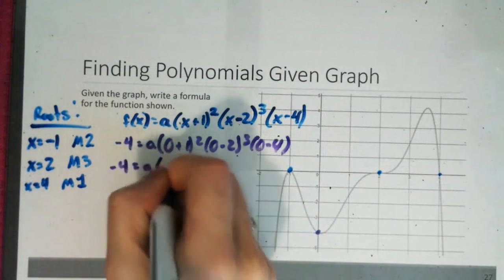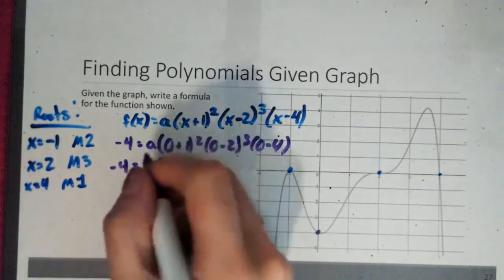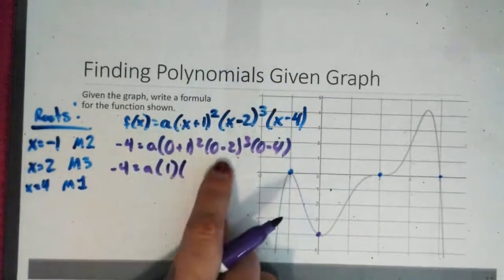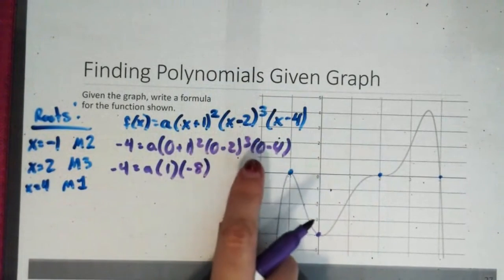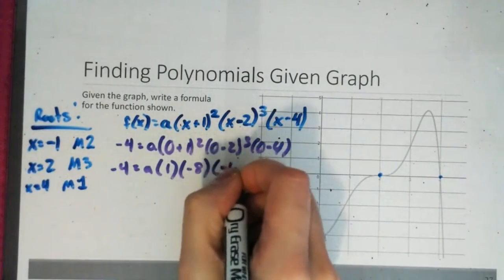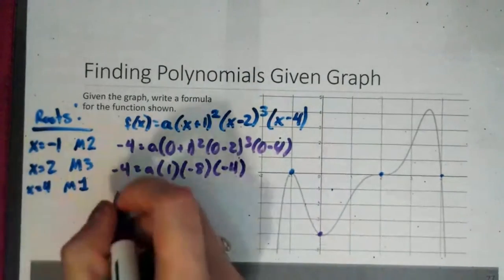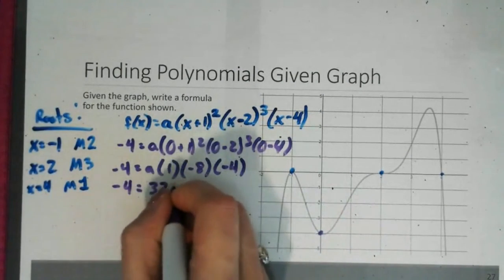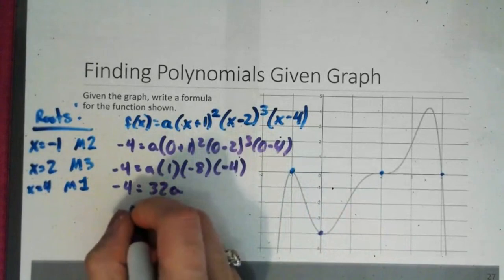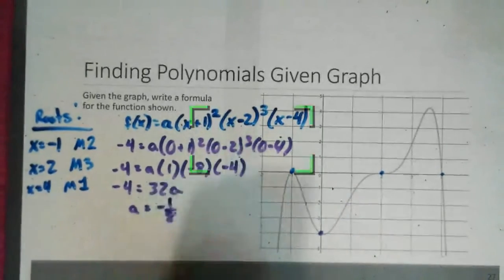So that means -4 equals a times 1 squared is 1. -2 cubed is -8. And 0 minus 4 is -4. So we have -4 equals 32a. When I divide both sides by 32, we get a equals -1/8.